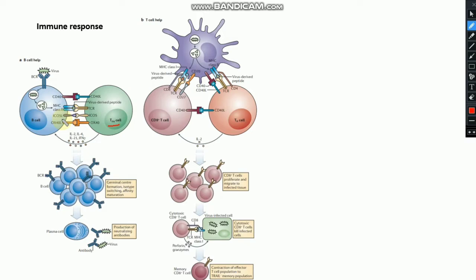These receptors are on the B cells, and when they bind with the ligand, the B cells get activated, and then they produce specific antibody against specific antigens. You see the virus here, so they recognize it with their B cell receptor, and these pathogens are very important for inducing this antibody.